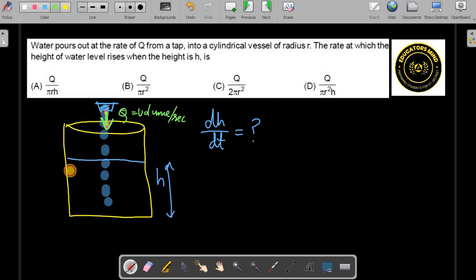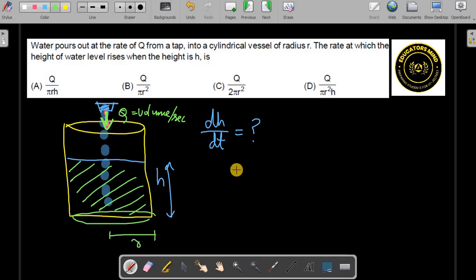First calculate the volume. The radius is given here, so what is the volume? The volume will be pi r square, the area, into h for the cylinder.